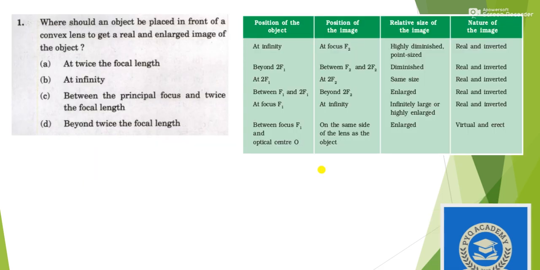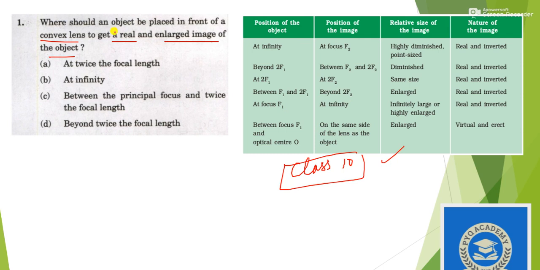In the first question, the question is from the light chapter of class 10. The question is asking where an object should be placed in front of a convex lens to get a real and enlarged image of the object. This is the table which I took from the NCERT book itself.